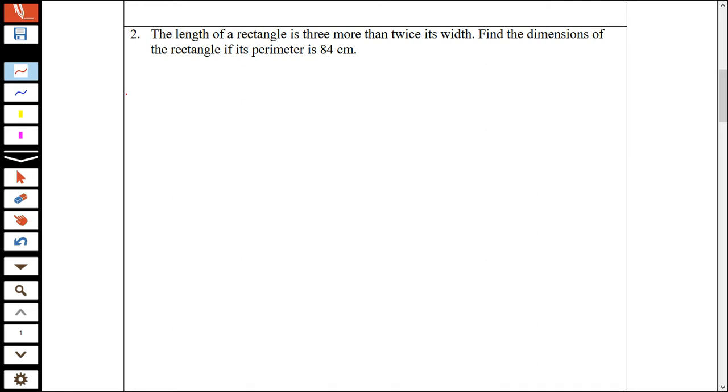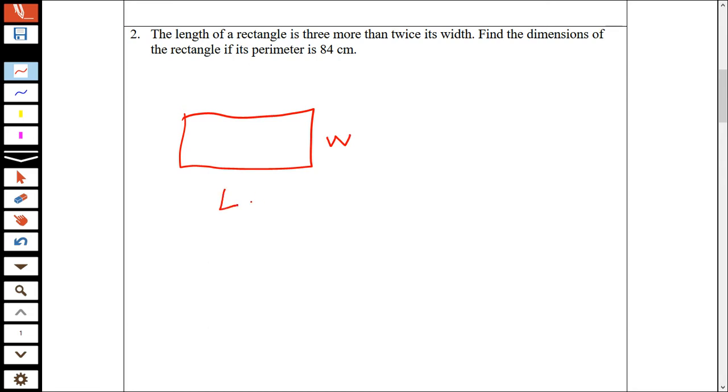All right, let's have a look at question 2. So we've got the length of a rectangle is 3 more than twice its width. So first thing I'm going to do again is draw a picture. Here's my rectangle. The length of a rectangle is 3 more than twice its width. So I'm thinking about this is the width and this is the length.